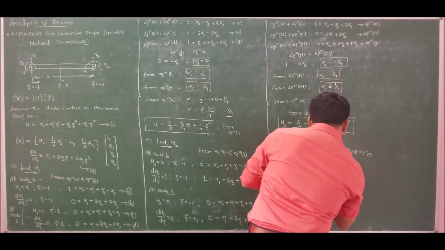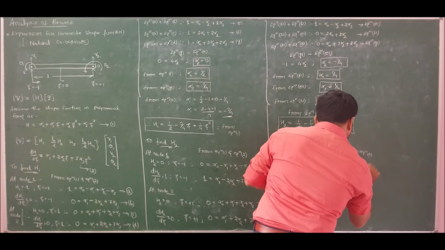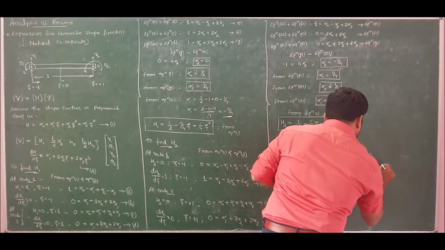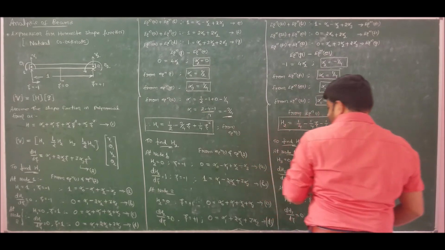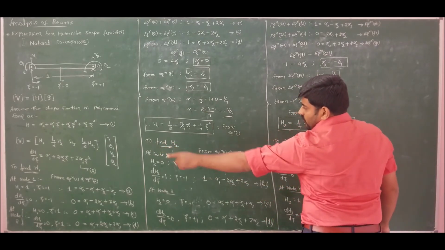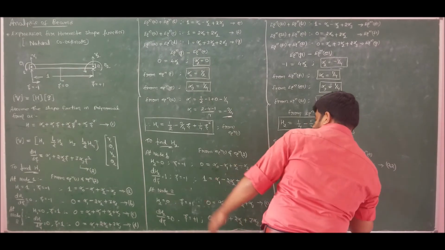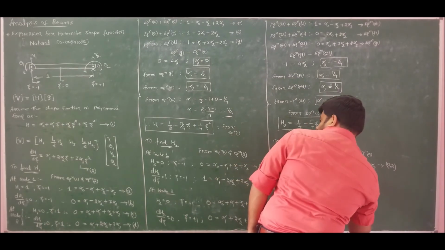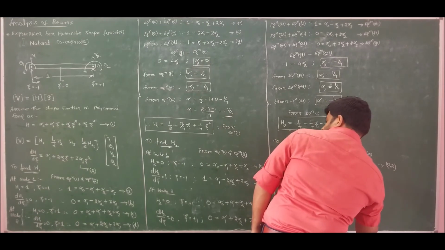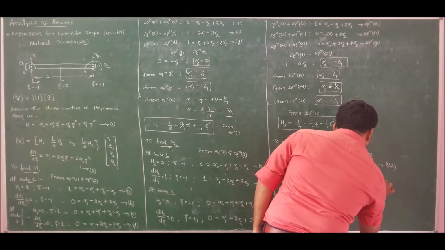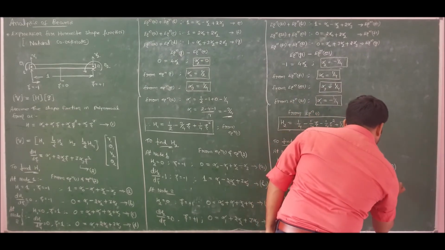So therefore 0 is equal to alpha naught minus alpha 1 plus alpha 2 minus alpha 3. Take it as equation A2. I want differentiation of h, go for equation 2. From equation 2, 0 is equal to alpha 1 minus 2 alpha 2 plus 3 alpha 3. Take it as equation B2.